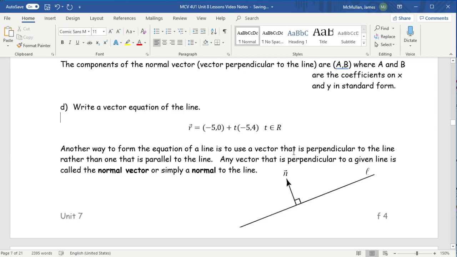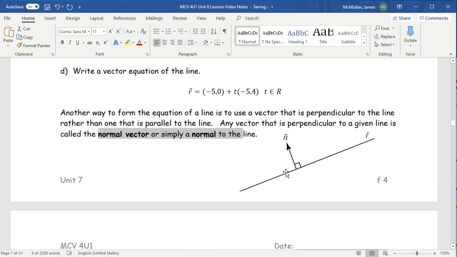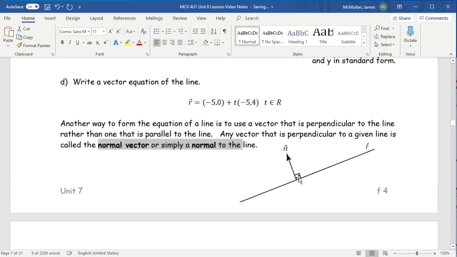Another way to form the equation of a line is to use a vector that's perpendicular to the line rather than parallel. Any vector that's perpendicular to a line is called the normal vector, or more simply just the normal. And again, the normal vector also can identify a line because a normal to each slope is unique. There's a specific normal for each slope.